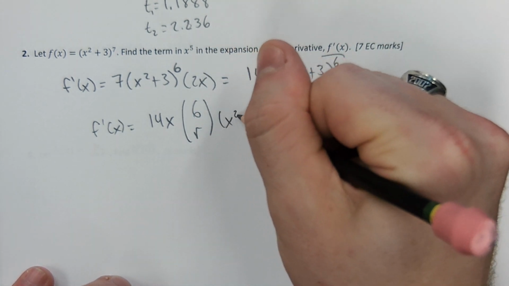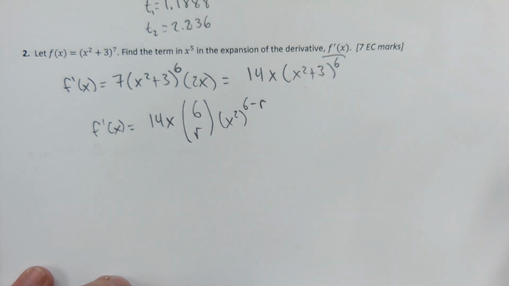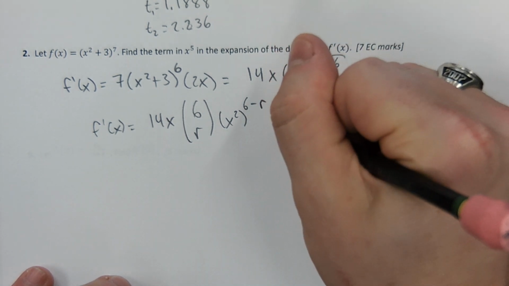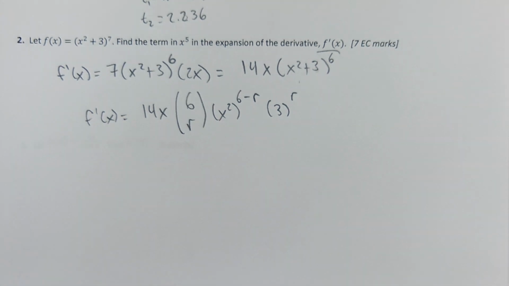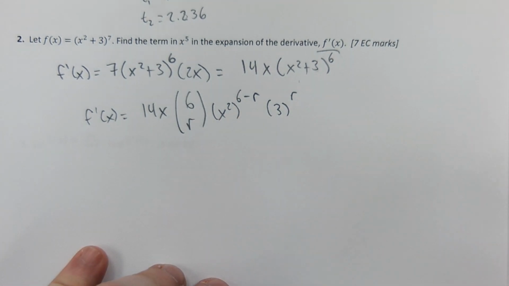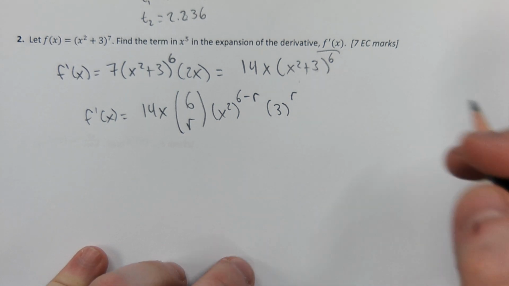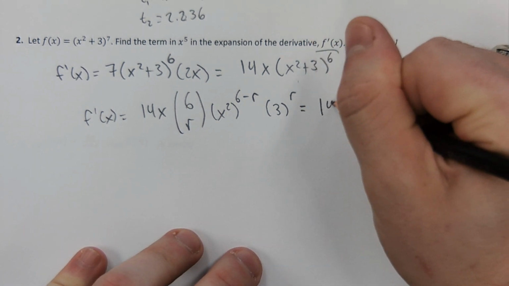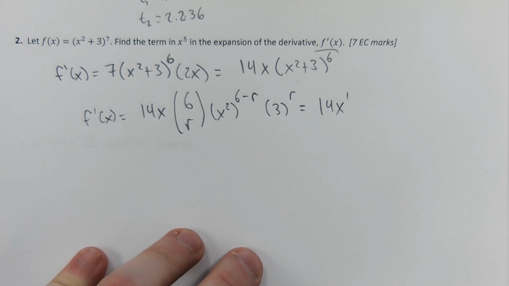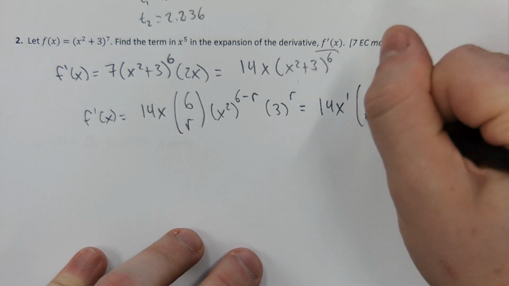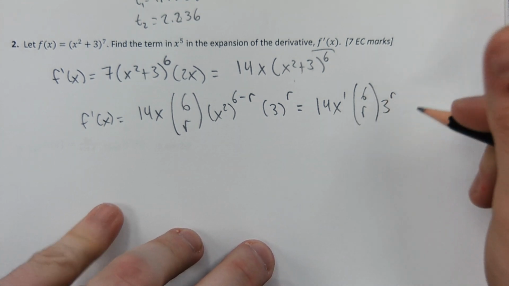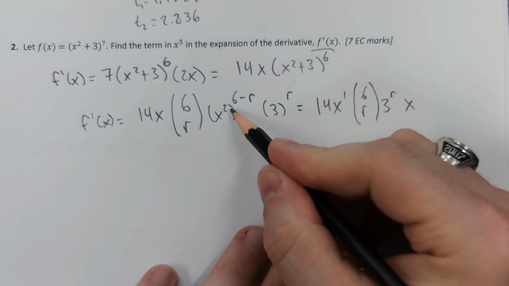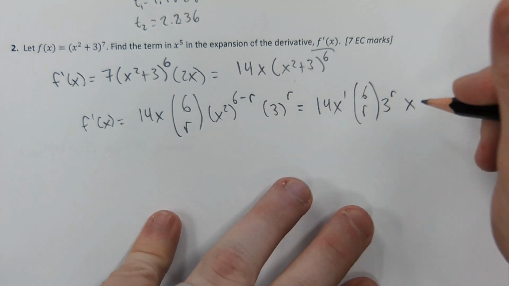I have x squared raised to the 6 minus the number I don't know, and then a 3 raised to that number I don't know. We have to play the exponent game. Power to a power makes you multiply. So you have 14x to the first, by the way, 6 choose r. I'm going to put my constants in the front. 3 to the r, x to the, distribute the 2, 12 minus 2r.